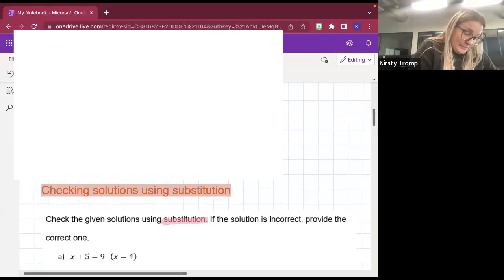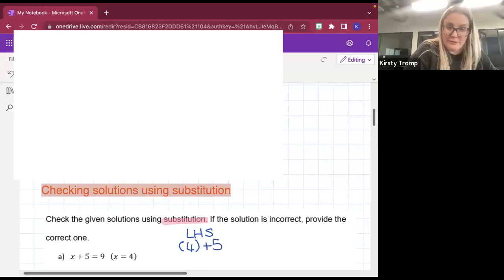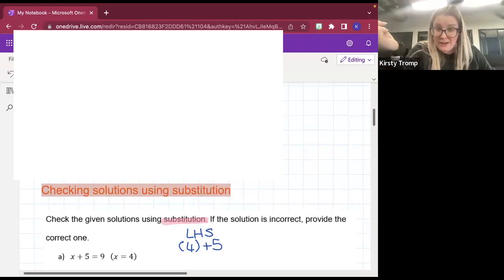Instead of seeing the x, I'm going to see on my left hand side of my sum, instead of seeing an x, I'm going to see 4, close the brackets, plus 5. So this is the left hand side of my sum. Instead of seeing x, I'm seeing 4, and I'm saying 4 plus 5.